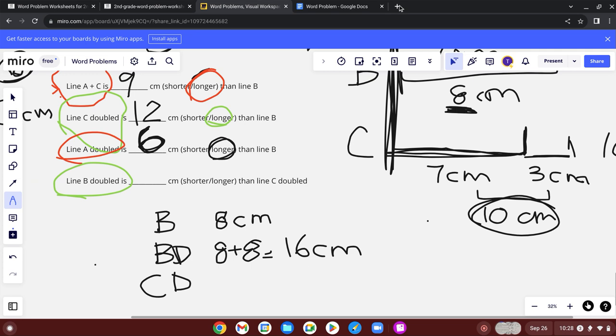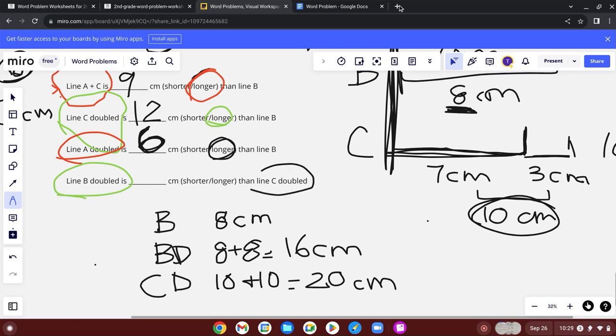How long is line C? 10. C double is 10 and 10, which is 20. 20 centimeter.